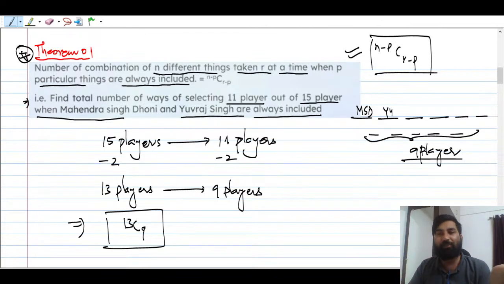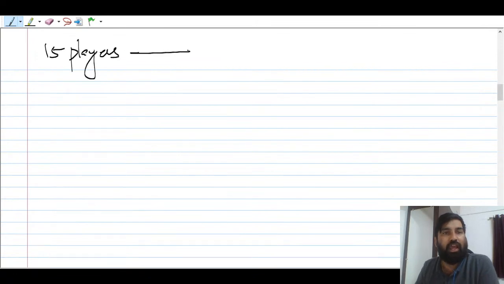Suppose any other player you can take, I don't have any problem. Suppose 4 players are always included. You have 15 total players and 4 players are always included. I hope this makes sense to all. So suppose you have got 15 players and you have to choose 11 players.